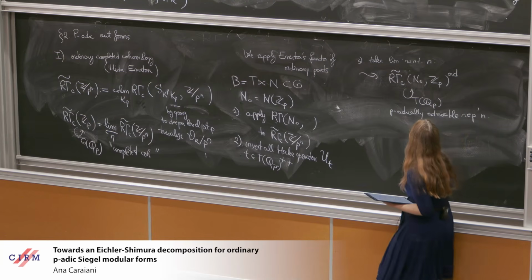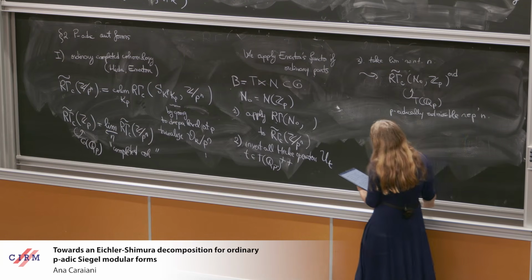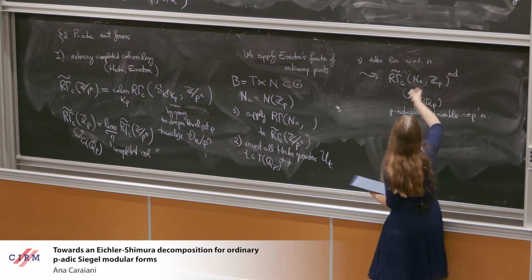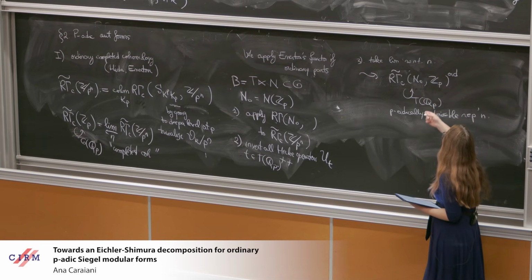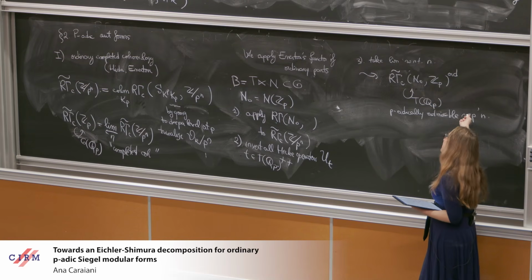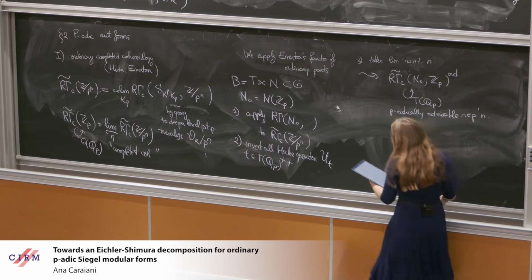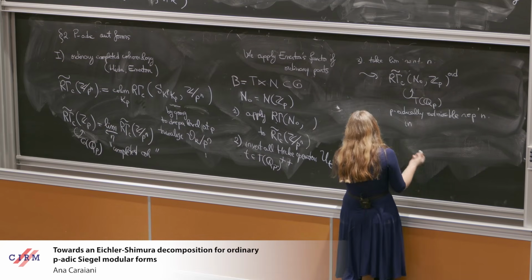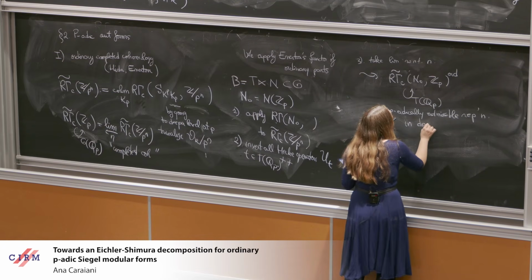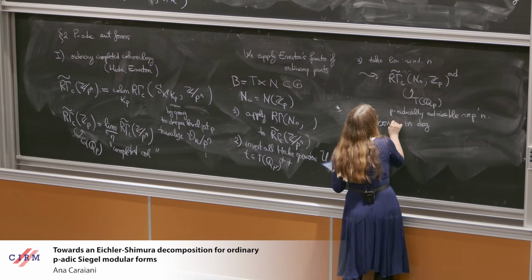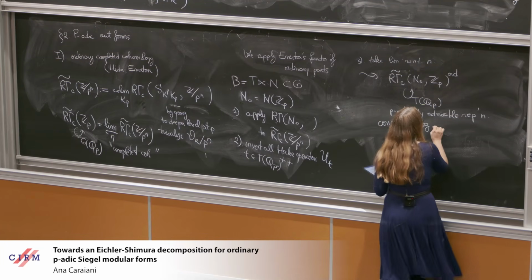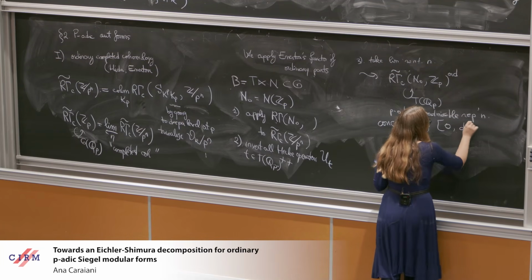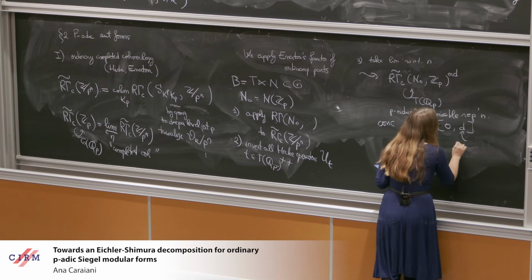For example, this is a priori concentrated in degrees from 0 to twice the dimension of the Shimura variety, but you can prove that this is actually concentrated in degrees from 0 to the middle degree, so this is the dimension of the Shimura variety.